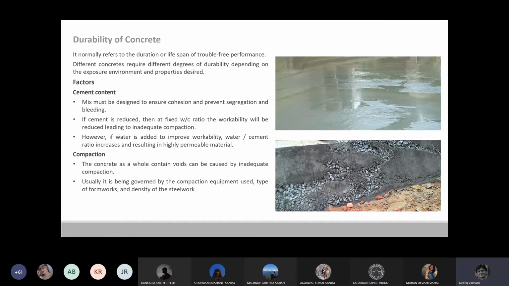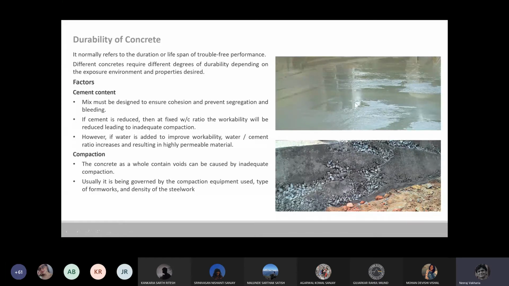So the factors affecting durability, the first one can be cement content. The cement content mix must be designed to ensure cohesion and prevent segregation and bleeding. On the right hand side image, the water which is above the slab is due to bleeding.